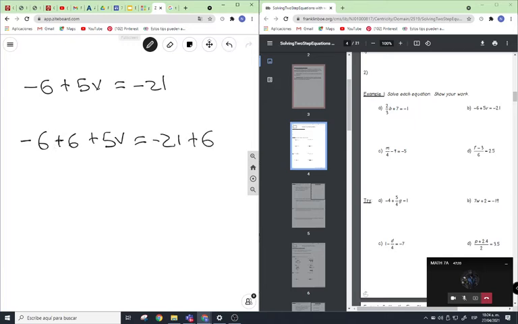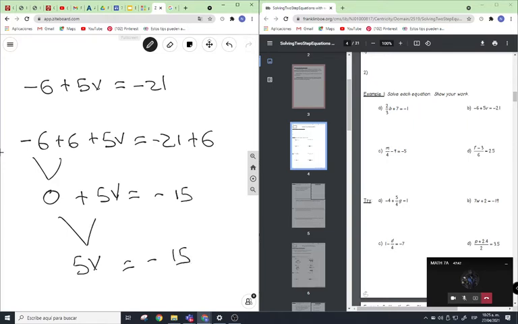Now, negative 6 plus 6 is 0, plus 5v. 0 plus 5v is just 5v, okay? And negative 21 plus 6 is negative 15. So 5v is negative 15.